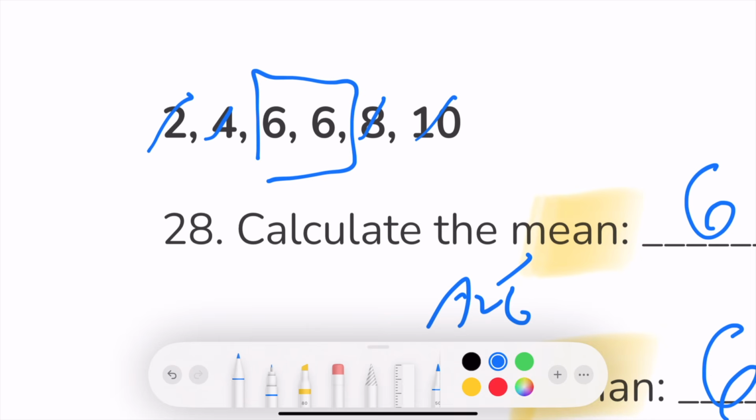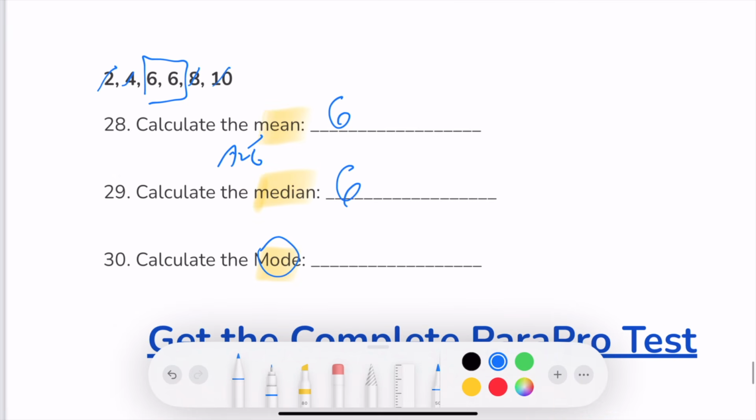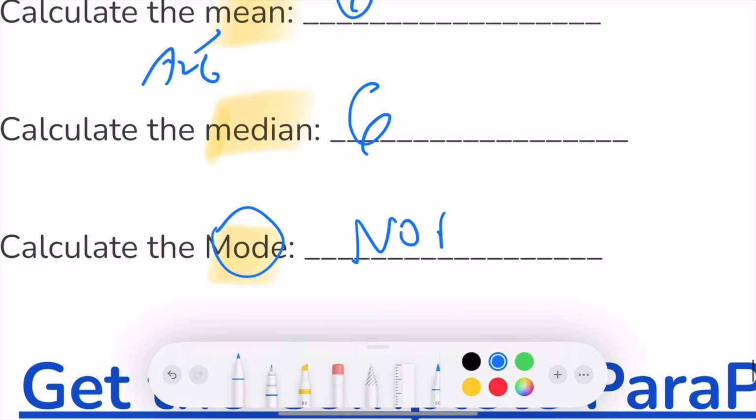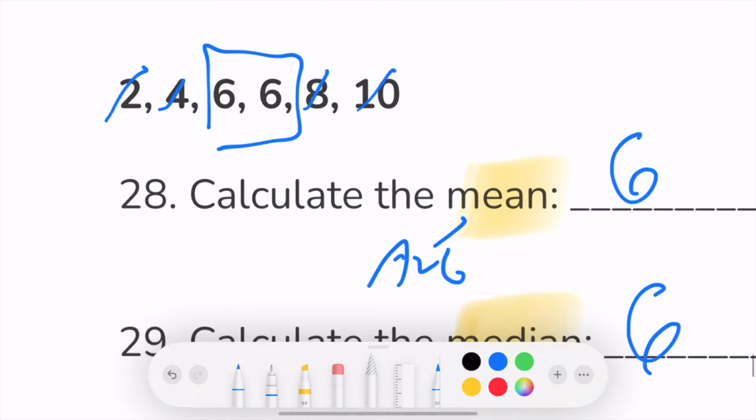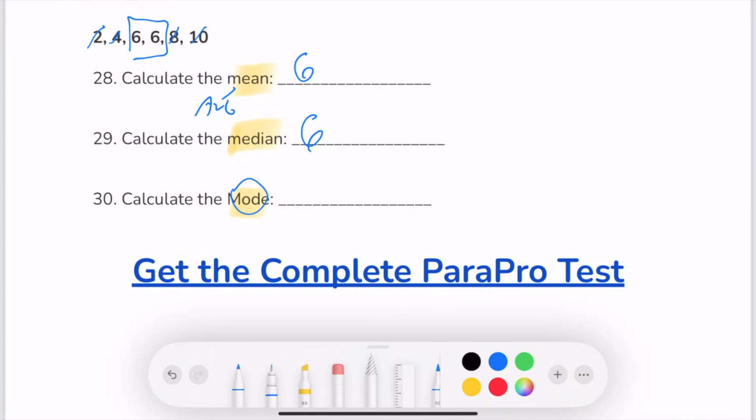Now, just to prepare you for your ParaPro exam, if we only had 1 6, meaning all of the numbers only occurred one time equally, then there would be no mode. You would actually write no mode. However, because we do have a number that occurs most frequently, that mode is 6.